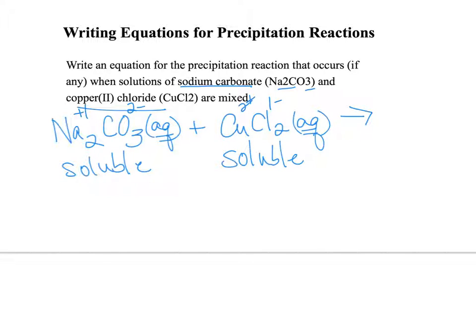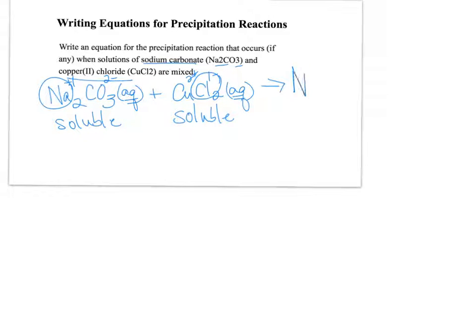Now when they come together, the sodium, because it's positive, is going to come together with the negative ion from the copper chloride. So I'm going to put those together. So I'm going to have sodium and chlorine, and I know sodium is +1 and chlorine is -1.